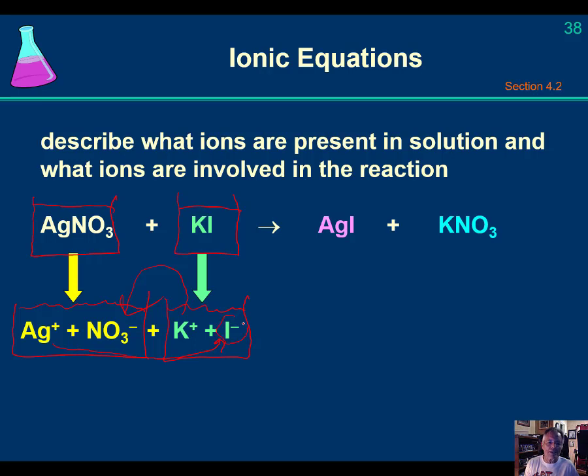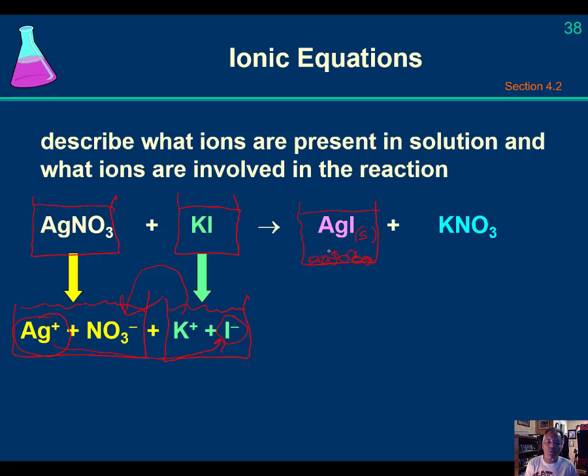These two species love each other. They are going to be tightly bound together into a solid. So now I have one beaker that has silver iodide, which falls out of solution as a solid.